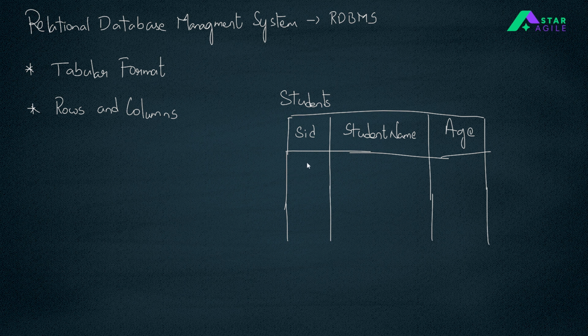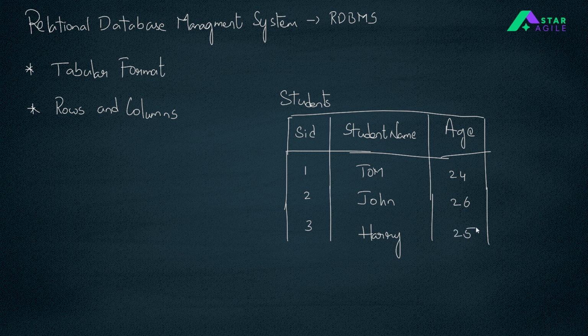So now student ID 1, and let's say the student name, for example, is Tom, and age 24. Let's say there is one more person, 2, John, who has an age of 26, and one more person, 3, Harry, who has an age of 25.